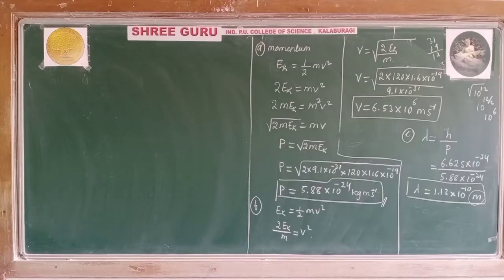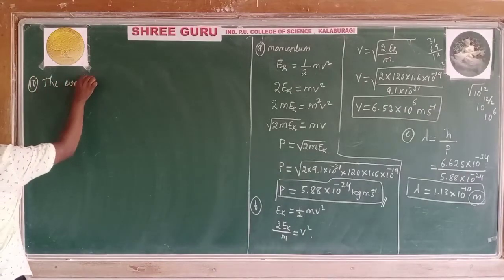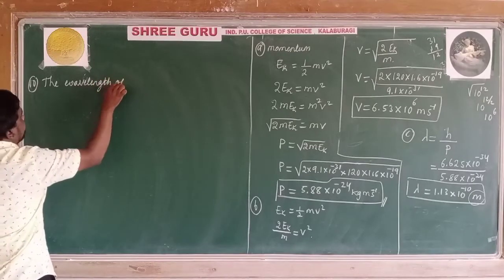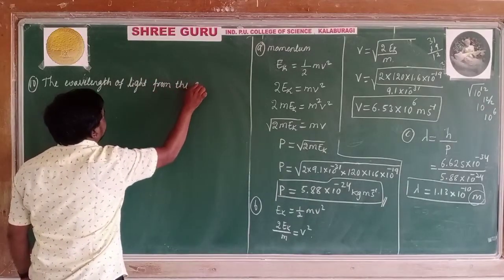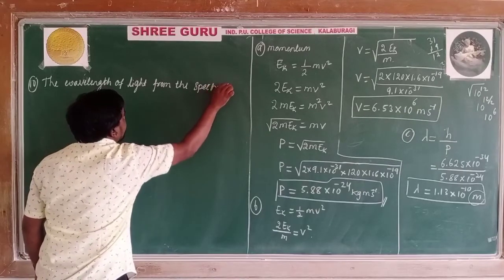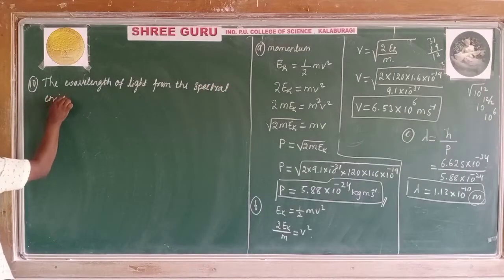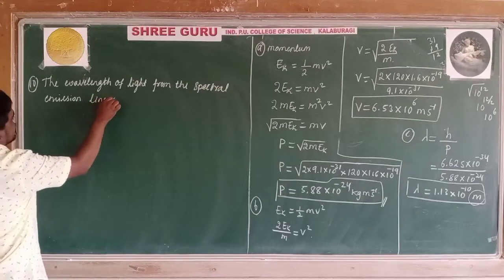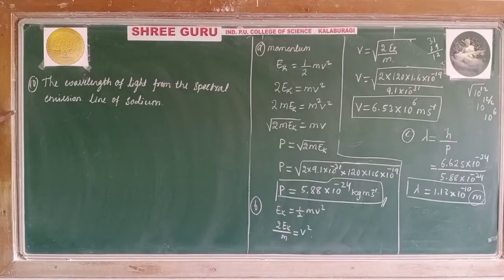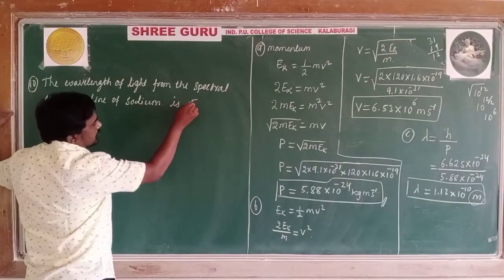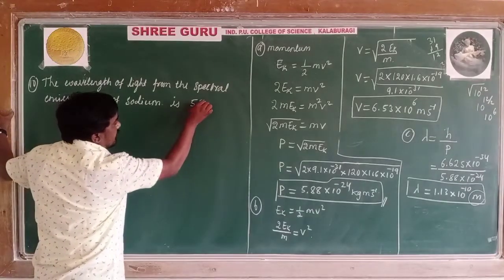The wavelength of light from the spectral emission line of sodium is how much? 589 nanometer.